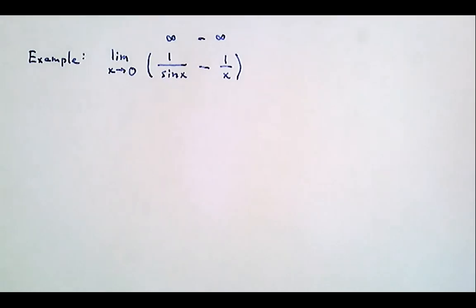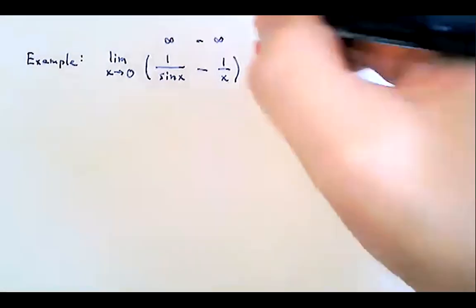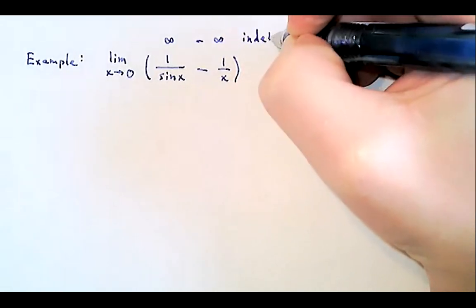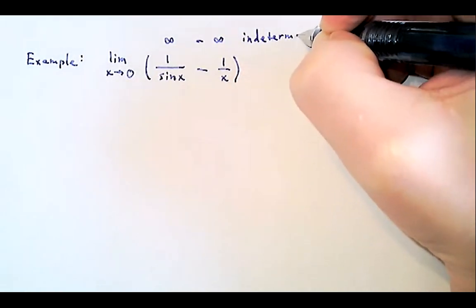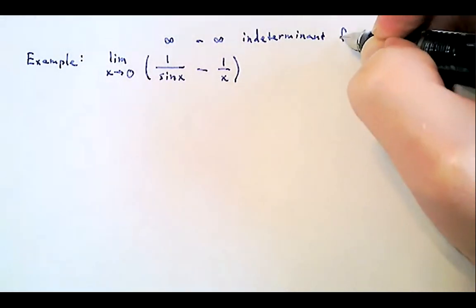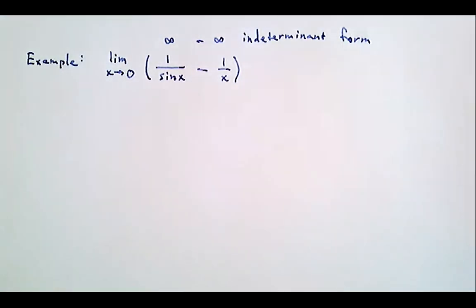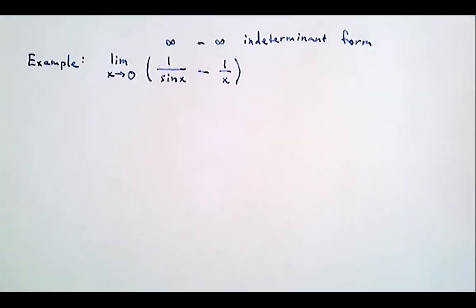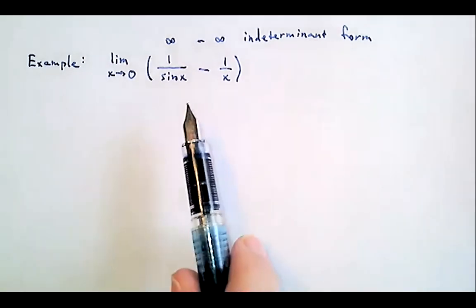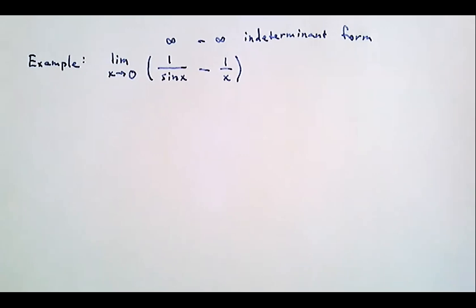So what we're looking at is an infinity minus infinity indeterminate form. So the approach to this one is a bit different than the others that we've seen. What we can do, since we have two fractions, is to find a common denominator.